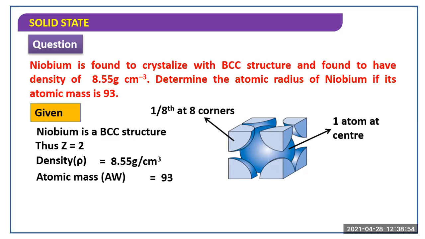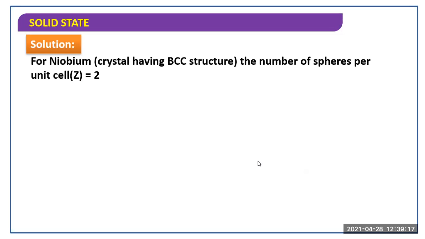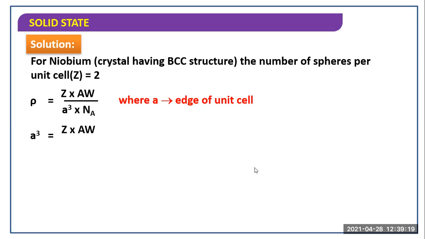So there is a density of 8.55 gram per centimeter cube and atomic mass 93. So for the atomic radius, this is the formula. This is the atomic weight. Hence we can just put this value, where A is the edge length of the cube.